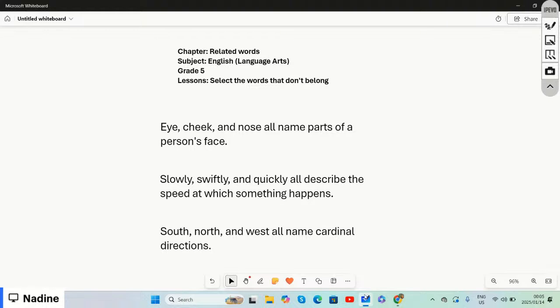And then the lessons that we are going to be focusing on under the related words is to select the words that don't belong.